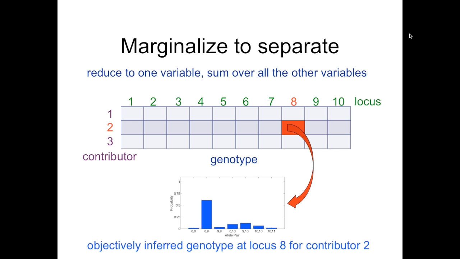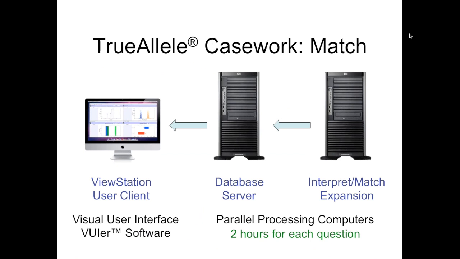So that's what it looks like when TrueAllele separates out the data into its component variables, including each genotype for every locus and for each separated out contributor.